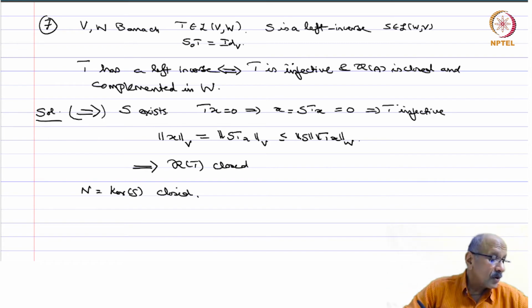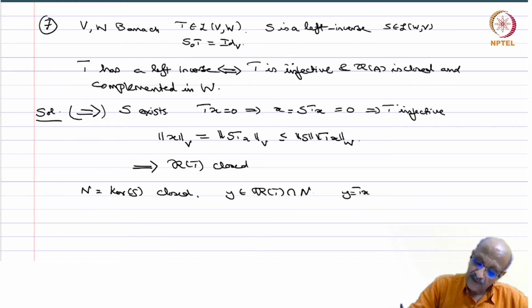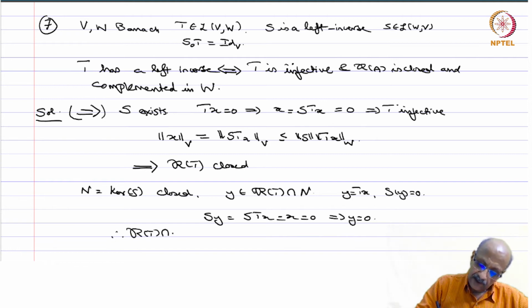Okay, so let us assume that y belongs to range of T intersection N. Okay, so this means y equals some Tx, and then S of y equal to 0. So S of y is S of Tx, which is x, and that is 0, and this implies that y equals 0. Okay, therefore range of T intersection N is just the singleton.